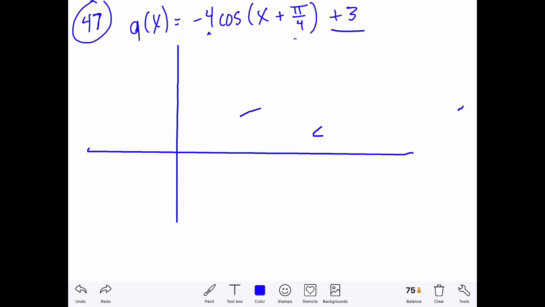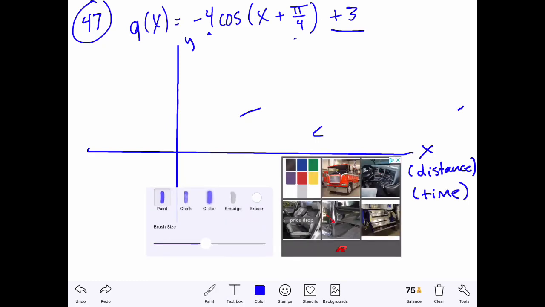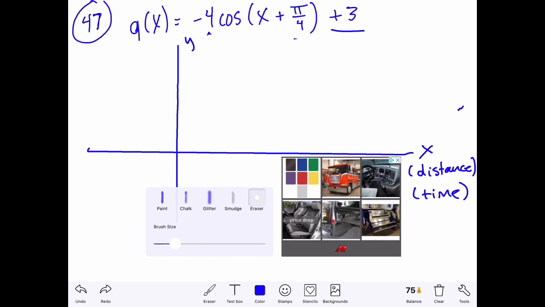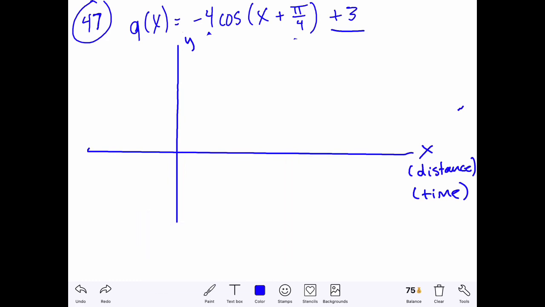All right, here's our xy plane. And remember, we can look at x as distance, or we can view it as time, depending on the situation we're modeling. All right, so if we begin with a vertical shift up 3, let's go ahead and put that in.